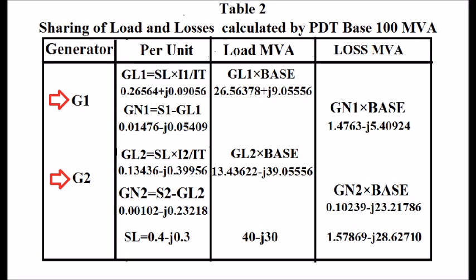Generator sharing calculation of load and losses are shown in the table 2 in per unit values and actual values by multiplying with the base power 100 MVA. Note that PDT formula is used for finding the sharing of generator on loads and losses as shown in the table.